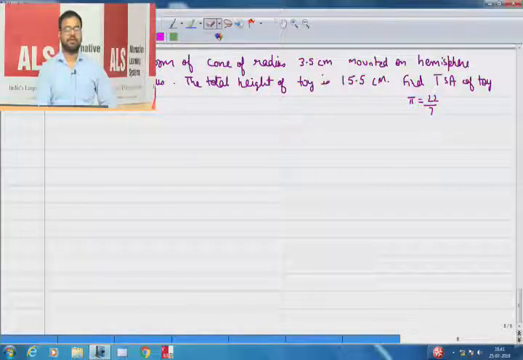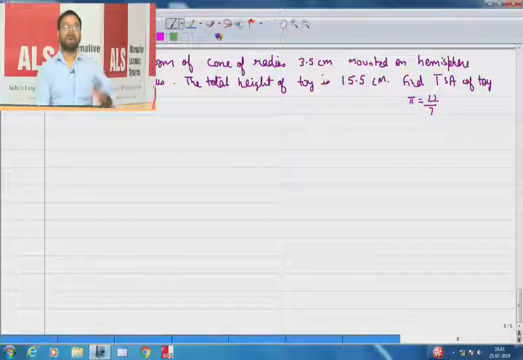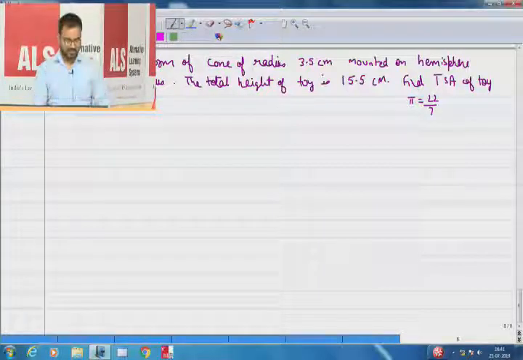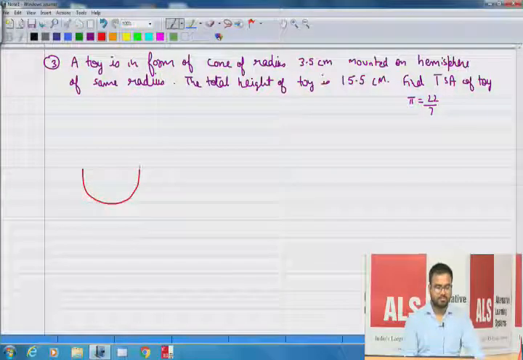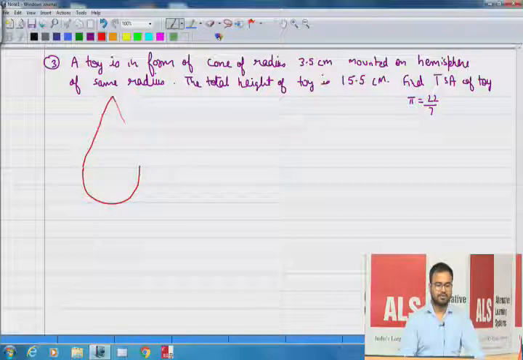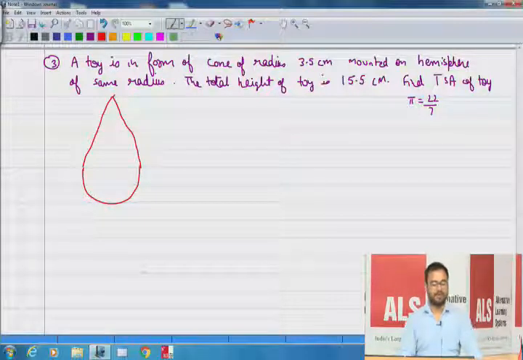Now it says a toy is in the form of a cone of radius this much mounted on a hemisphere. The cone is mounted on the hemisphere, it means the hemisphere is on the bottom and the cone is mounted on it. So this is the shape of the toy. Radius is 3.5.